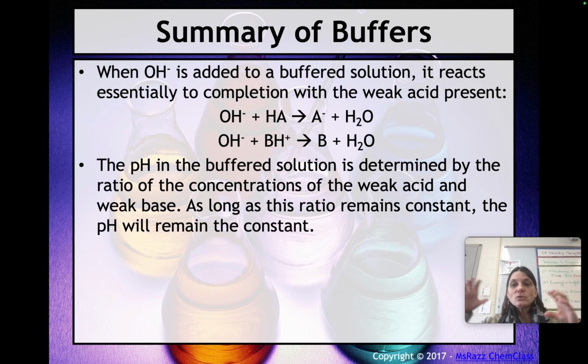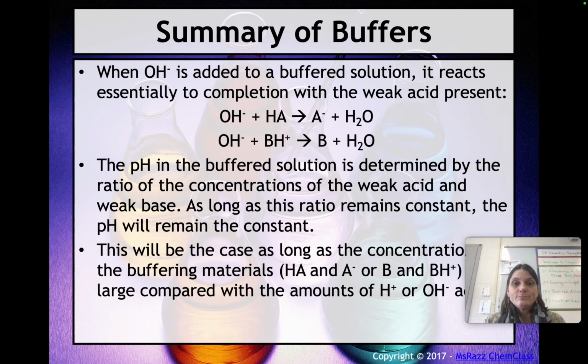The ratio of those two things is what determines the pH of the buffer system, okay? So the buffer works as long as you have a significant amount of the acid conjugate base combo, okay? So if you put in too much strong acid or strong base, at some point you're going to use it all up, and you'll reach the maximum buffer capacity, and the buffer doesn't work anymore.